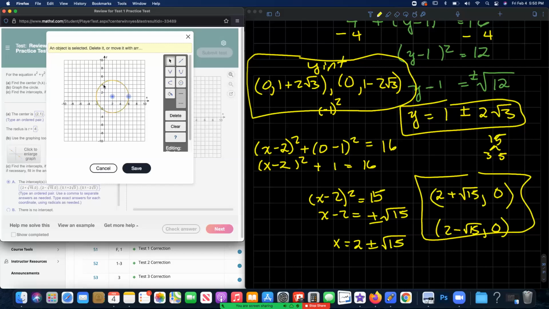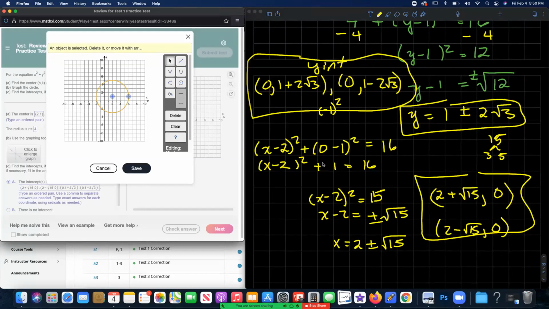And we can kind of see that this is going to be 1, and then plus or minus 2 root 12. Root 12 has got to be a little bit more than 3, but not much. And you can see 1, 2, 3, and then a little bit more above 1.